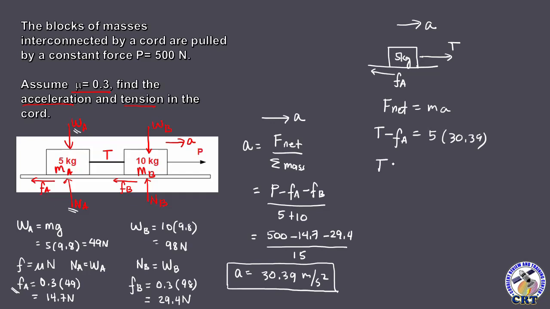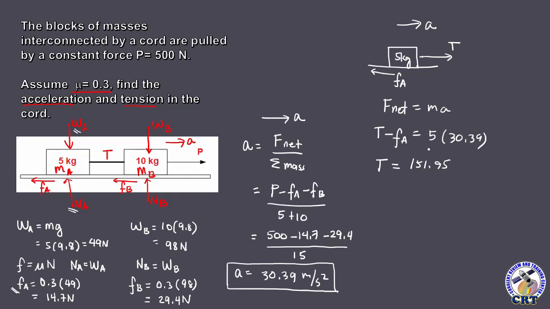So therefore, T equals, let us solve first, 5 times 30.39, and this is equivalent to 151.95.